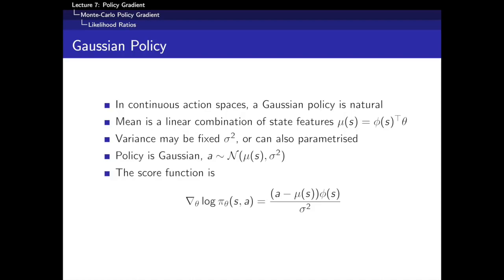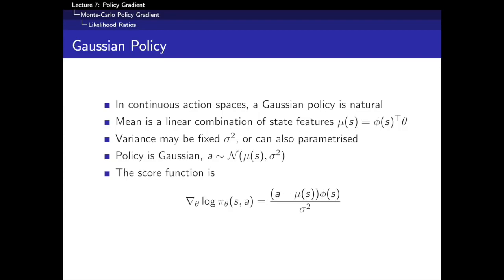So we basically want to know, let's take the action we actually took minus the mean. That tells us how much more than usual we're doing a particular action. Multiplied by the feature. And then we just scale that by the variance. So in both of these cases, the score function takes this form of sort of how much more than usual am I doing something. And that's quite intuitive when we start to look at these policy gradient updates.